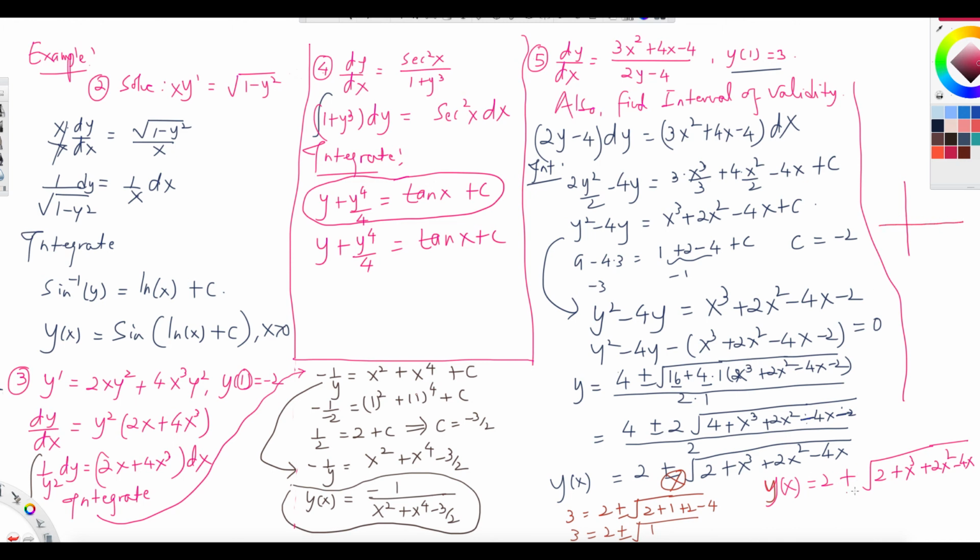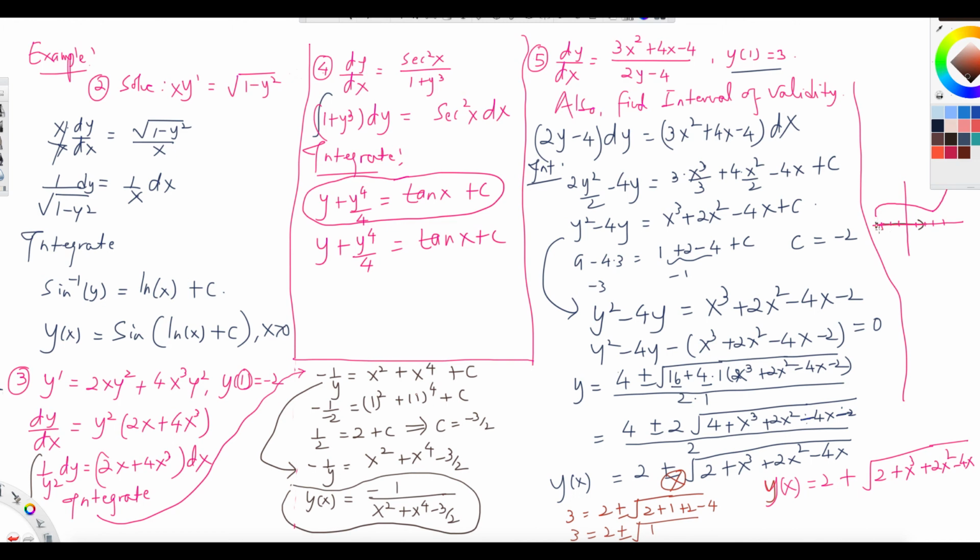If you graph this function in your calculator, you will get a graph like this, with negative 1, negative 2, negative 3, and then positive 1, 2, 3, 4. You can try graphing it. The value on the right side of that will basically be the interval of validity, because the graph is defined everywhere to the right of that. What is that value?